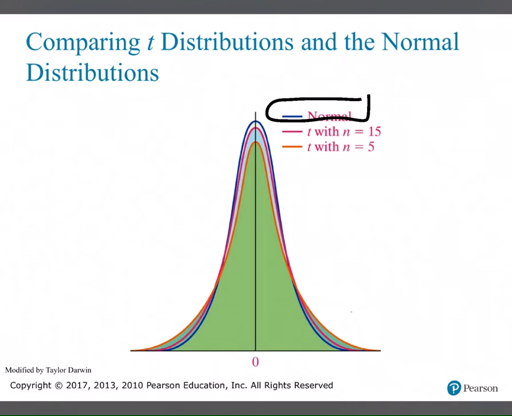It's skinnier and taller, less dispersion. And you can see that this orange one is the shortest and the more spread out. And then as you increase the size, it gets closer to what the normal looks like. Normal being your Z. And so as you increase sample size, T will eventually look like Z.